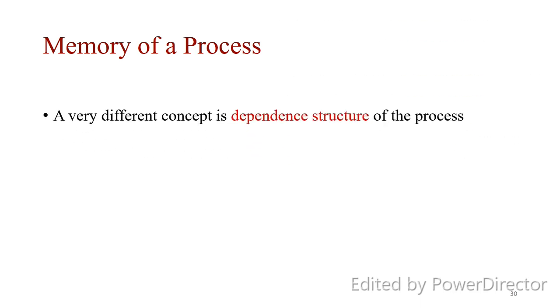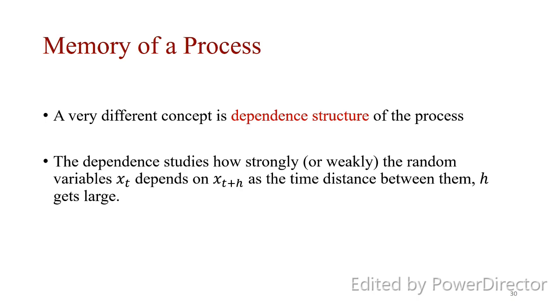Now we're going to talk about the memory of a process. A very different concept is what is known as the dependence structure, how things are related to one another in a process. The dependence studies how strongly or weakly a random variable xt depends on xt plus h, where the difference between them is only the lag, which is h.